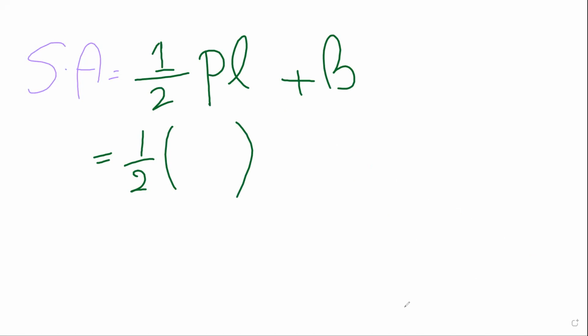What is the perimeter of a circle? It's 2πr. This is for the base. Now times the slant height, plus, what is the area of the base? It's πr squared.